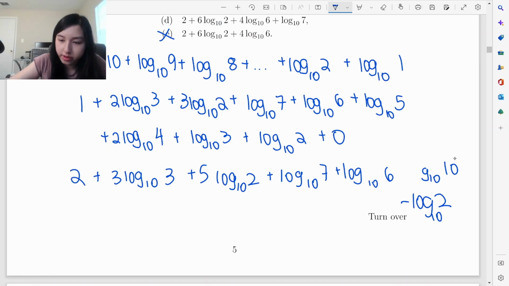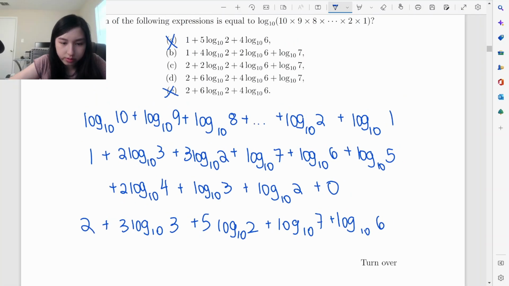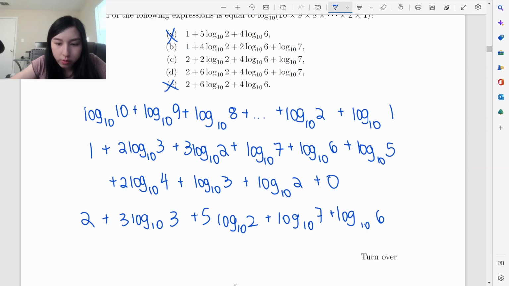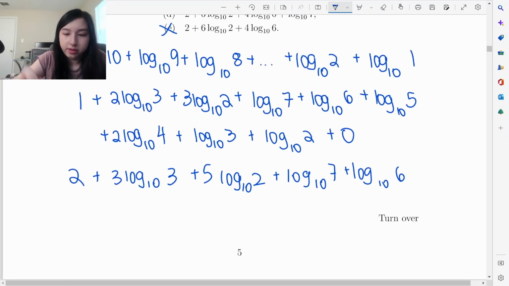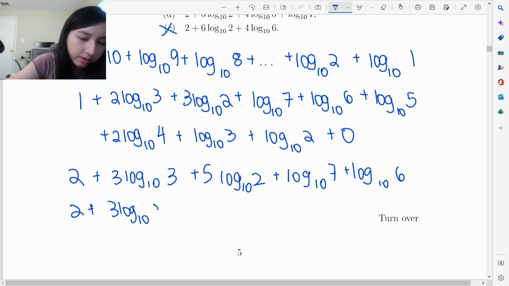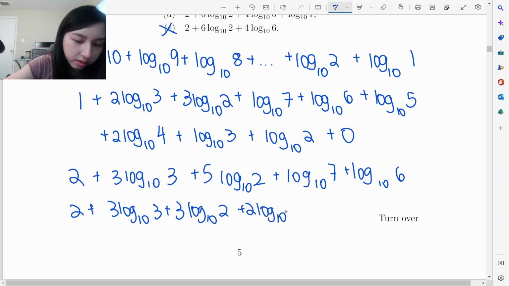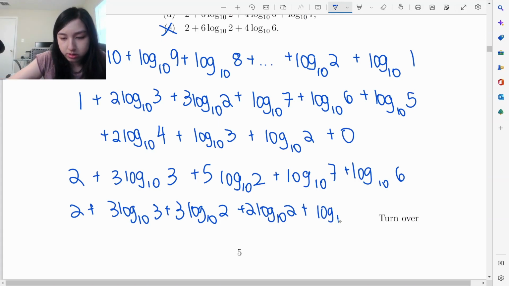Okay, so far we have this. And which one looks the most similar? They got rid of all the 3s because I get it. So 2 plus 3 log 10 3 plus 3 log 10 2 plus 2 log 10 2, and then all of that again, log 10 7 plus log 10 6.